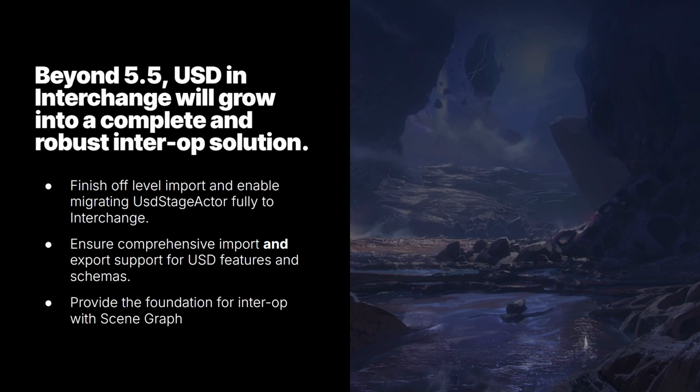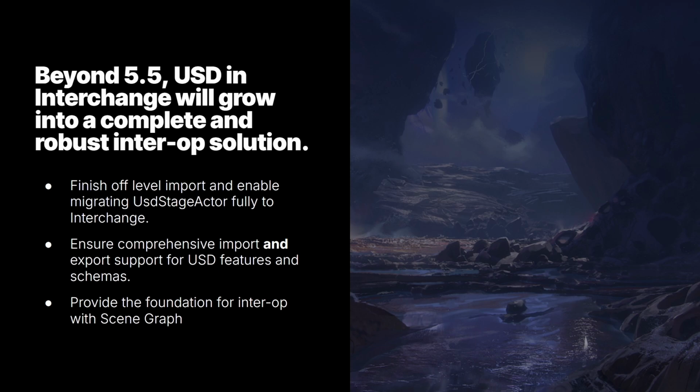So beyond 5.5, in subsequent releases, we're going to continue to work on asset and level import and finish off the transition to interchange, eventually reaching production readiness, and then migrate the USD Stage Actor to the interchange-based import and export functionality. Also want to make sure that we have comprehensive export support in addition to import.